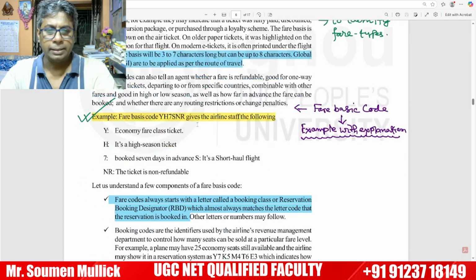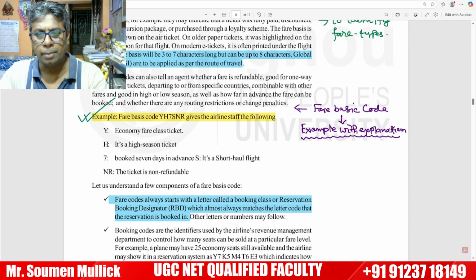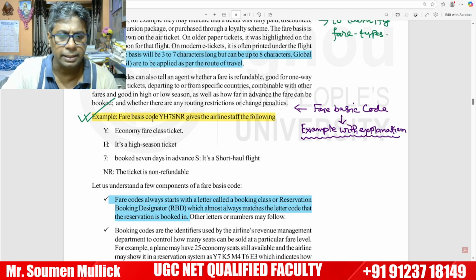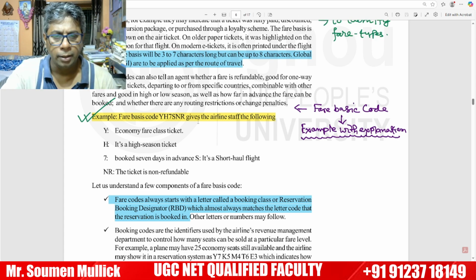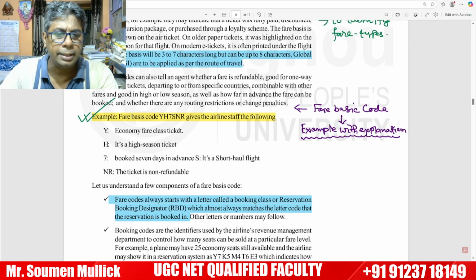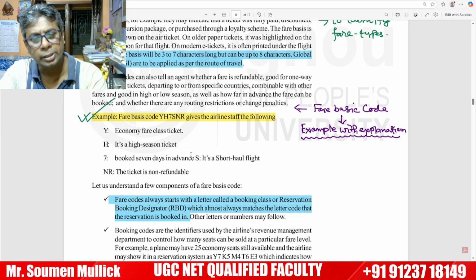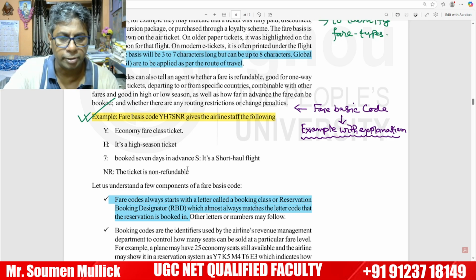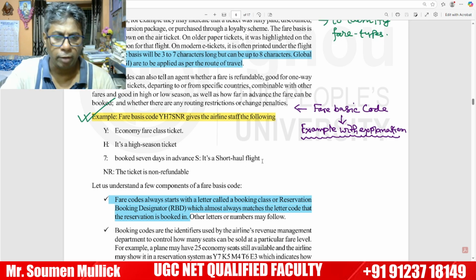Now, an example of a fare basis with explanation. Suppose YH7SNR, giving the airline staff the following. The Y means the economy fare class ticket. H means it is a high season ticket. 7 means book 7 days in advance. S is for a short haul flight.